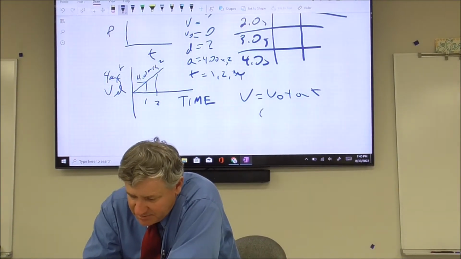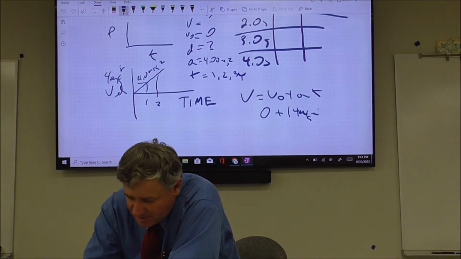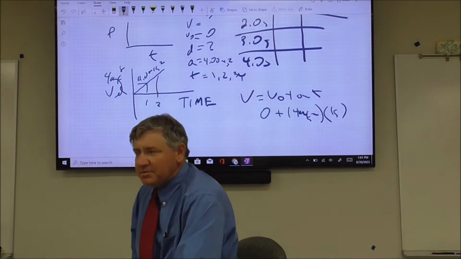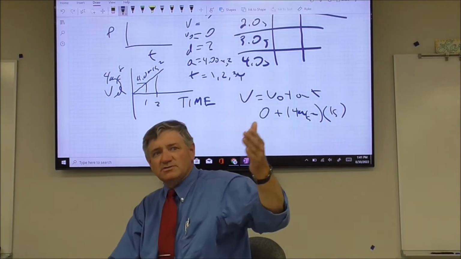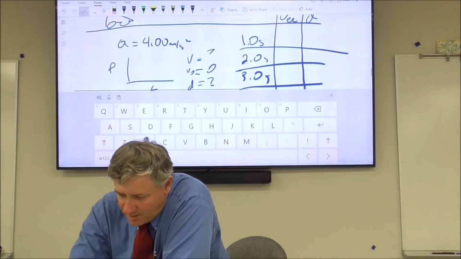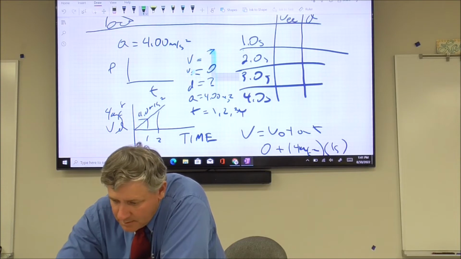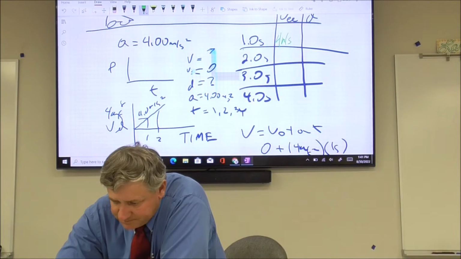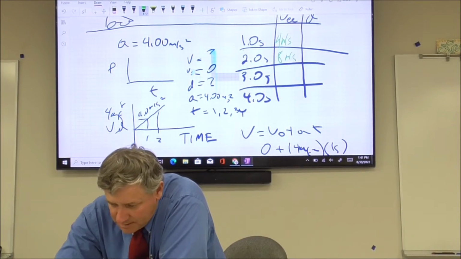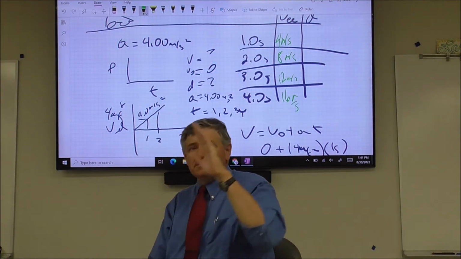So we're going to have 0 plus my acceleration of 4 meters per second squared. And then I'm going to plug in times: 1 second, 2 seconds, 3 seconds, 4 seconds. So this velocity is going to go from 4 meters per second at the end of 1 second, then 8, then 12, and then 16. Now here's what's important.